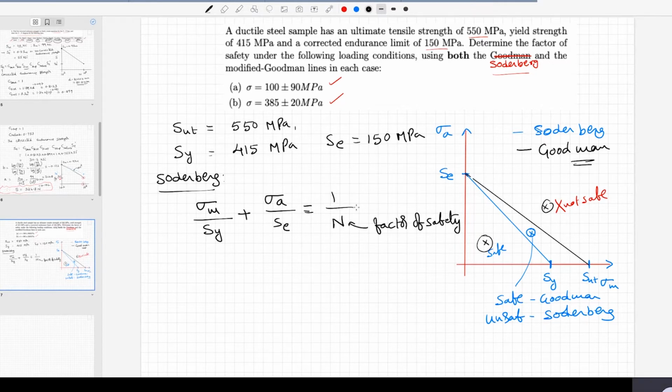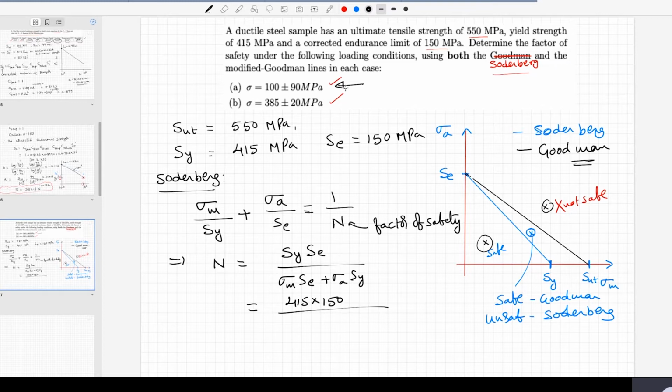So now we need to find out what the factor of safety is. That implies n is equal to Sy Se divided by sigma m Se plus sigma a Sy. So we know all these values: Sy is 415, Se is 150, but sigma m we don't know, and that's what we need to figure out.